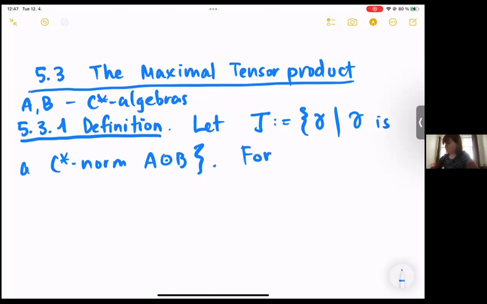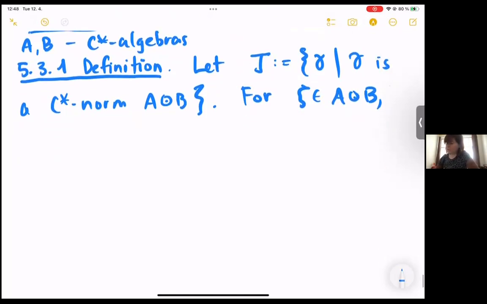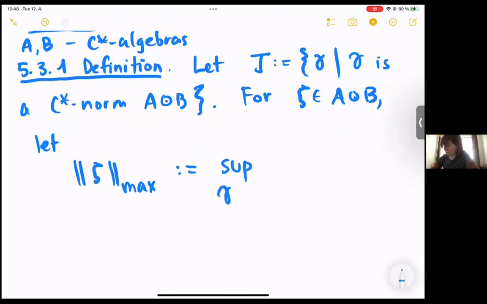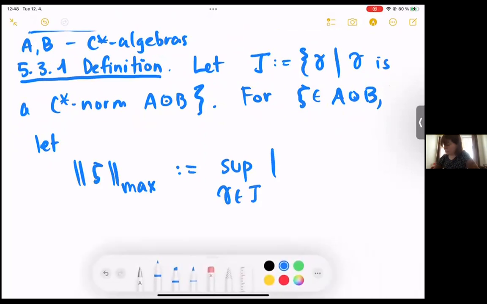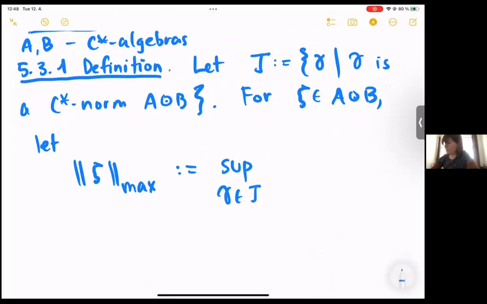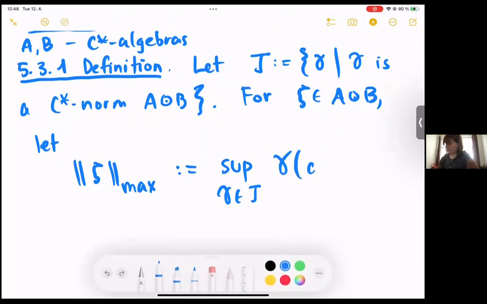And then for some zeta in the algebraic tensor product, we can define a norm by taking the sup of all of these gamma of zeta.